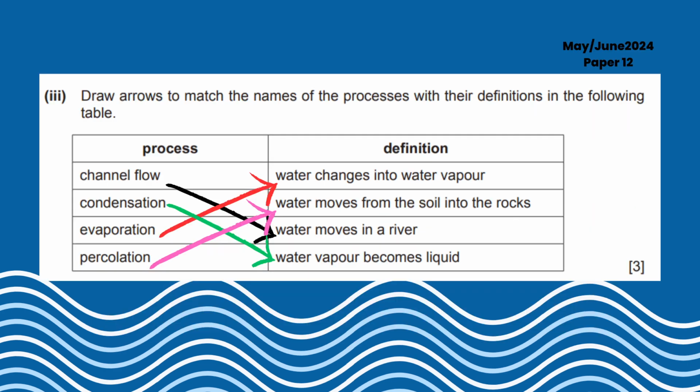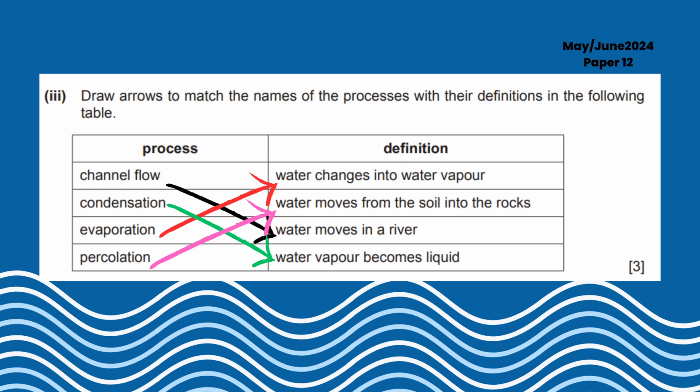The next part is to draw arrows to match the names of the processes with their definitions in the following table. So the processes which are included in the question are channel flow, condensation, evaporation, and percolation. Channel flow is when water moves in a river.